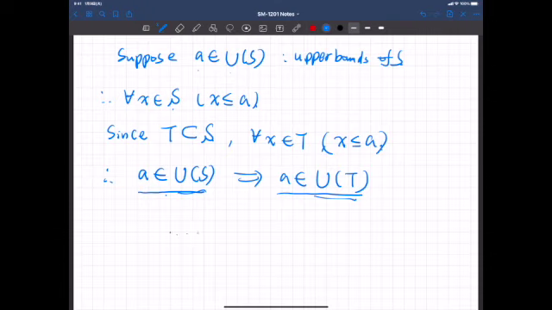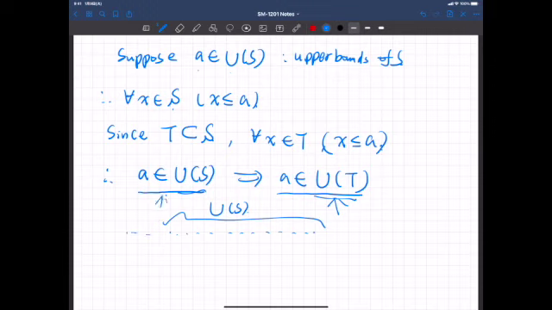So let's say this is the set of all upper bounds of S. Then A is an element of upper bounds of T. So that means this subset. Okay, so this subset includes this subset.